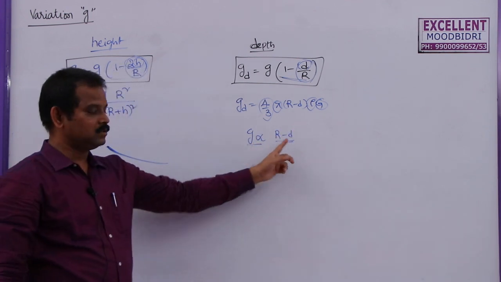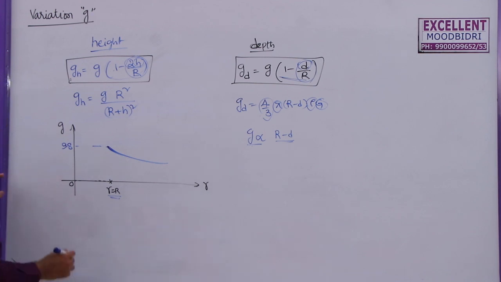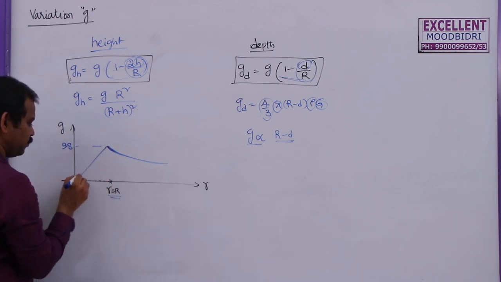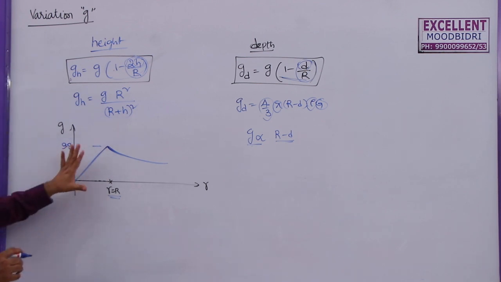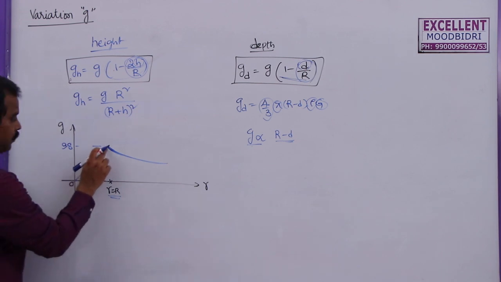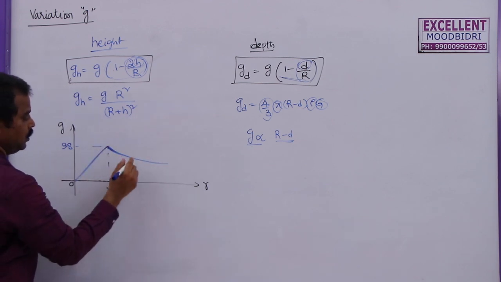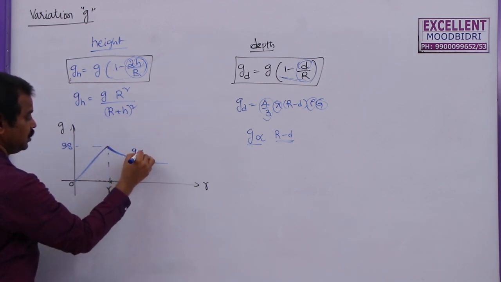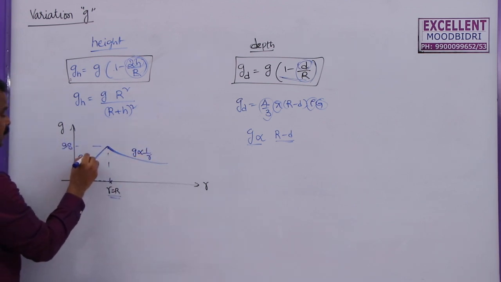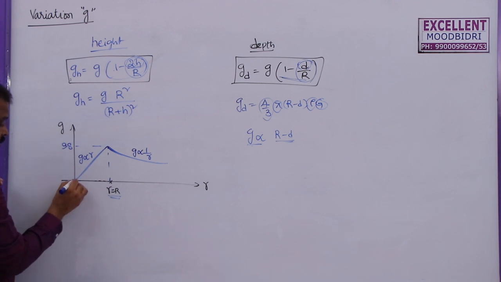If two physical quantities are directly proportional, this is drawn as a straight line passing through the origin. So this is the curve that gives the variation of small g with depth up to here, and after that with the height. Above the surface, g is inversely proportional to the distance, but inside, g is directly proportional to r. At the center, when r is equal to 0, g becomes 0.